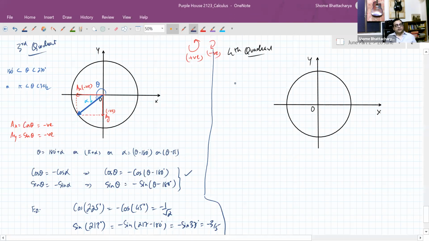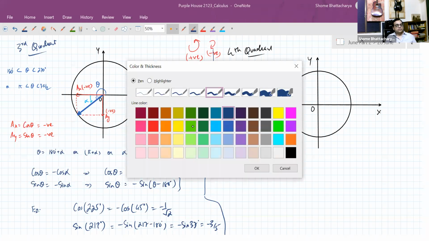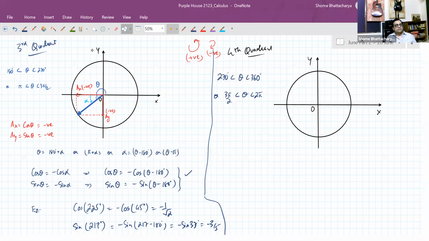So anyway, in the fourth quadrant, as far as positive angle goes, it should be greater than 270 and less than 360, or greater than 3 pi by 2 but less than 2 pi in radians. Okay. So let's say we have something like this now.